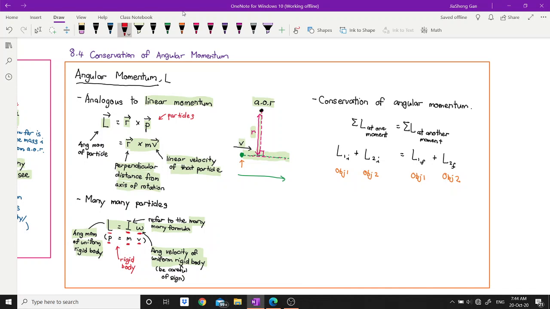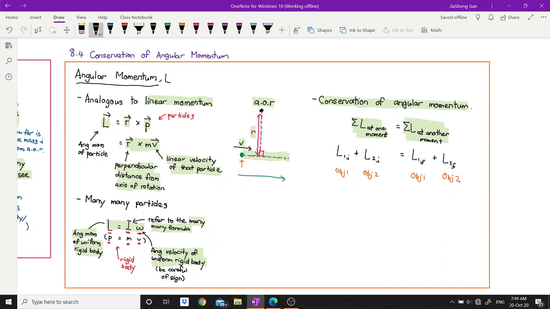Okay, so knowing angular momentum, we can talk about conservation of angular momentum, just like conservation of linear momentum in chapter 3. What it means is that the sum of the angular momentum at one point equals the angular momentum at another point in time.